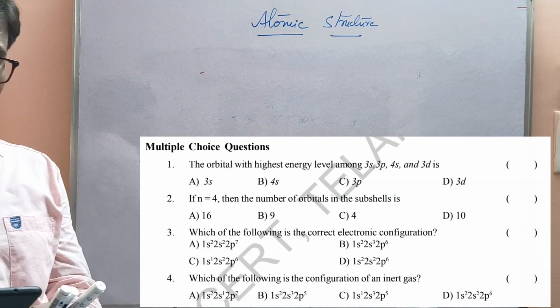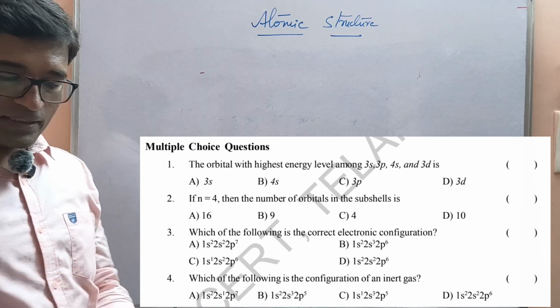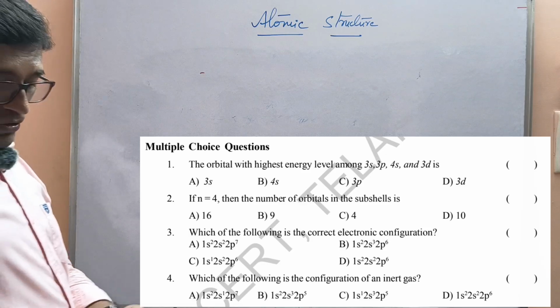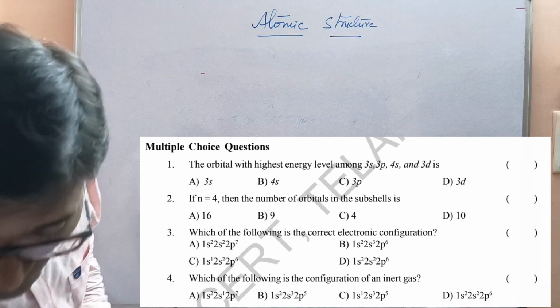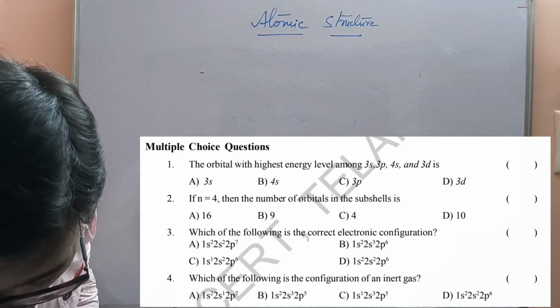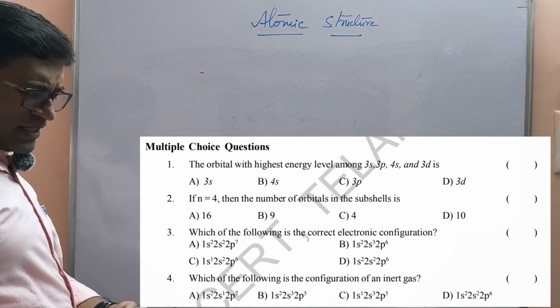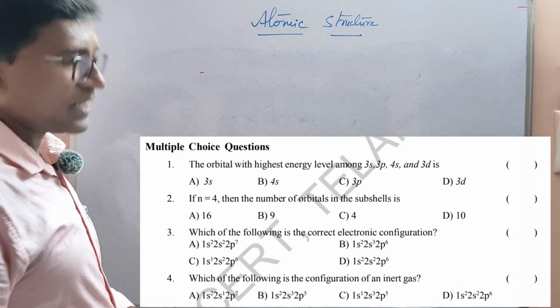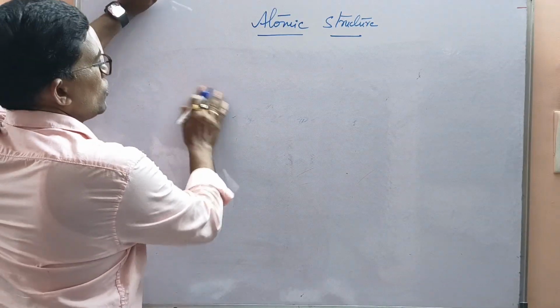If n is equal to 4, then the number of orbitals in the subshell is, very easy. Now we should have some basic idea about two particular formulae.